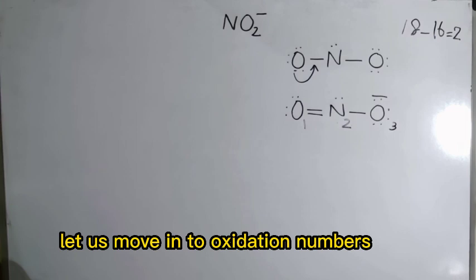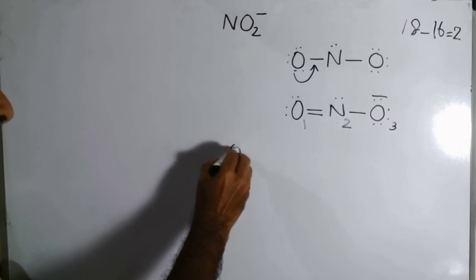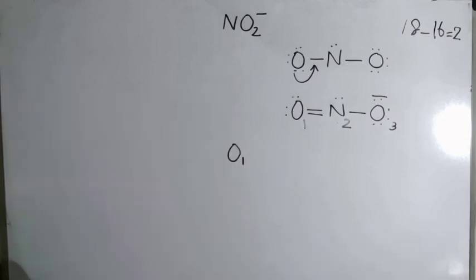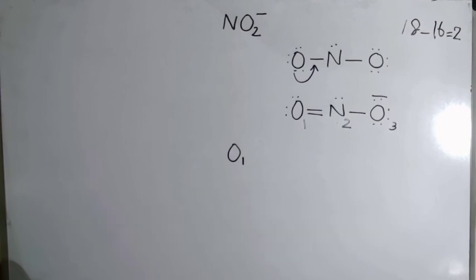Now we will consider the oxidation numbers. When we come to oxygen number 1, it is bonded to the nitrogen atom. Obviously, oxygen is more electronegative than nitrogen, so it has the ability to withdraw the electron cloud of the double bond.